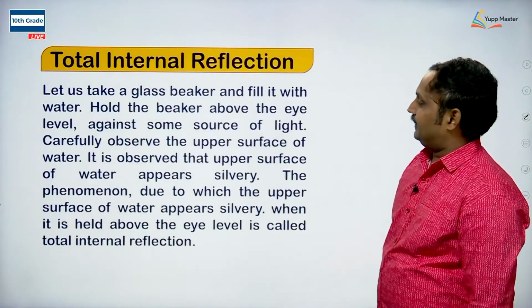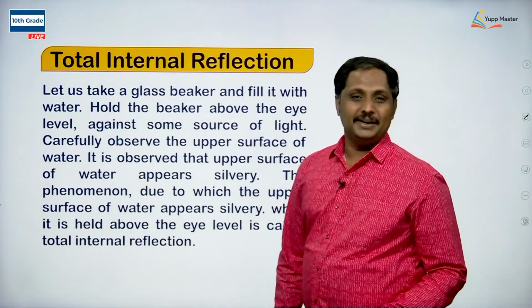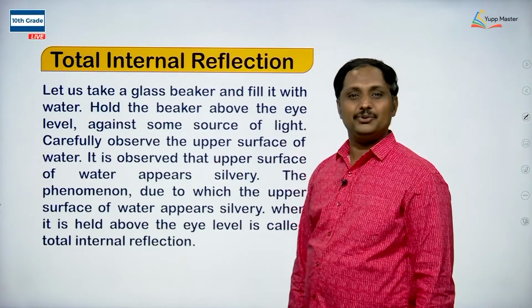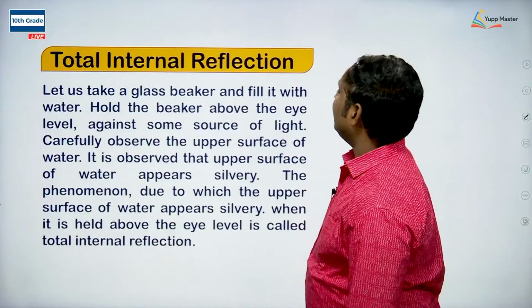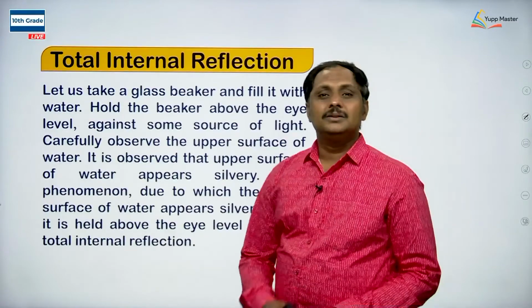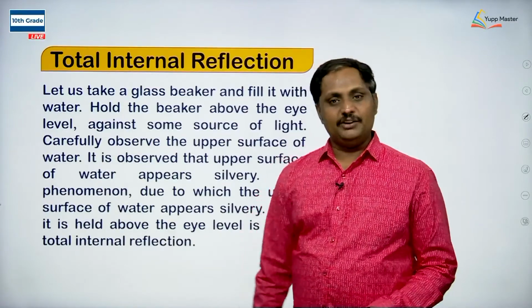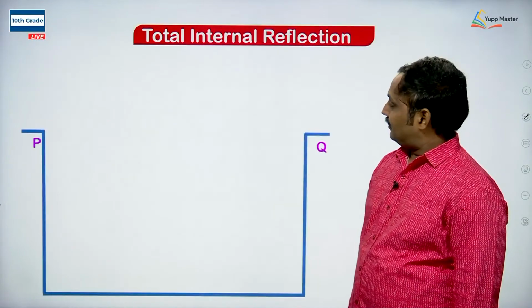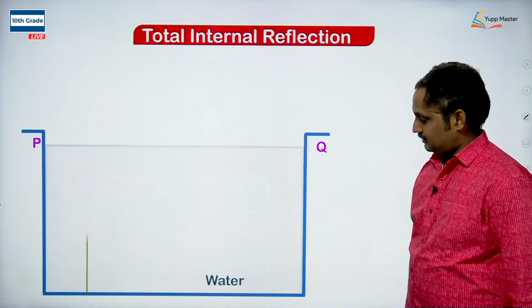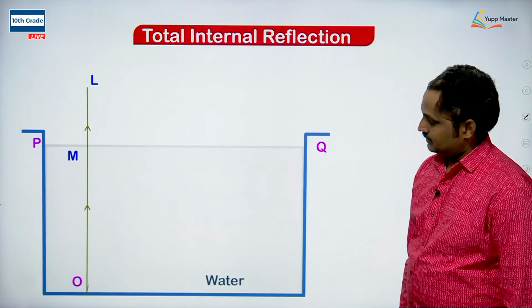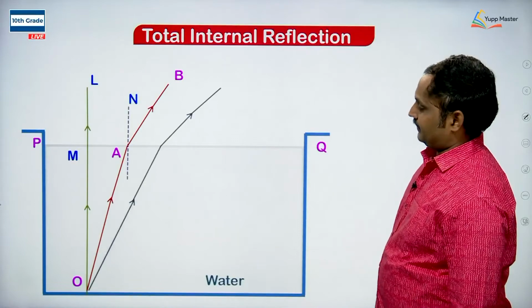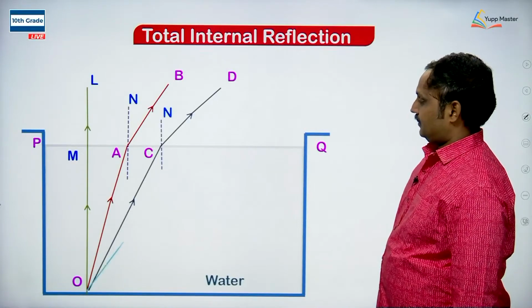Let's take one material that is a denser medium as compared to air. You can take water in a beaker, just you can see that. You have to see that now. These rays are there now.